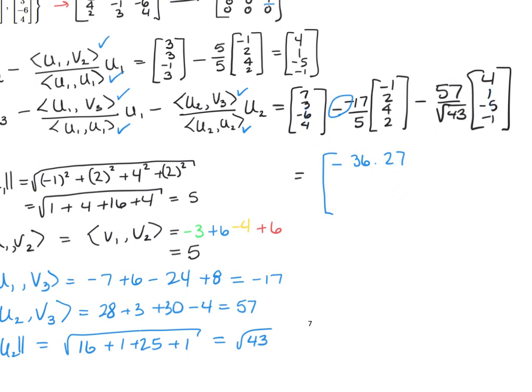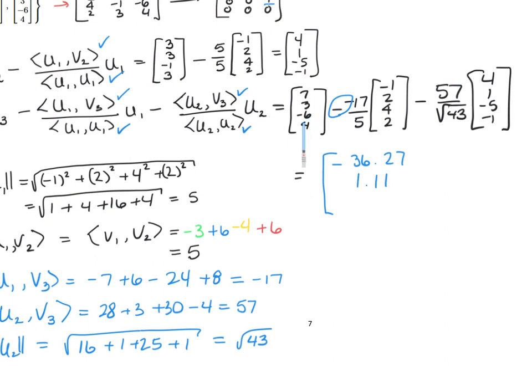Now I'm going to do 3. 3 plus 17 divided by 5 multiplied by 2 minus the 57 divided by 43. This one gives me 1.11.